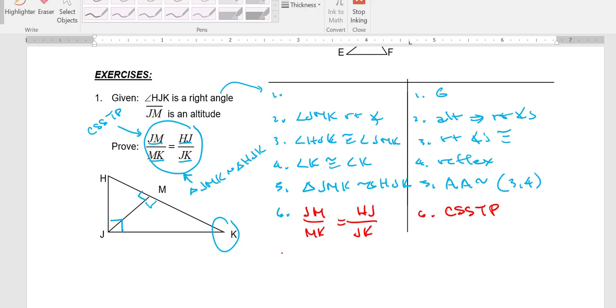And then one more thing that pops up, and I just want to point this out, is sometimes the proof statement will say instead that JM times JK is equal to MK times HJ, like this.